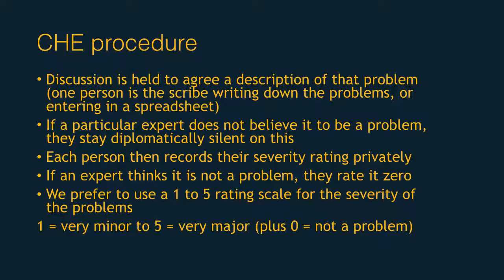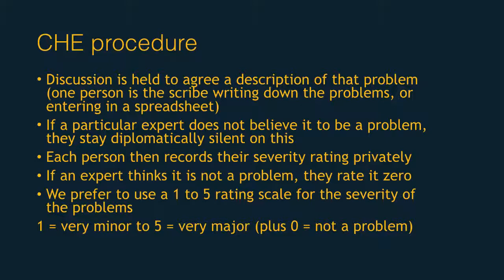And that can sometimes be quite tricky because things interact and different people like to describe problems at different levels of abstraction. But you have to agree this is the nature of the problem, and that is public to all the experts. We usually have two screens actually going, one with the interactive system and one with a spreadsheet open, and I will give you that spreadsheet where we log the problem descriptions.